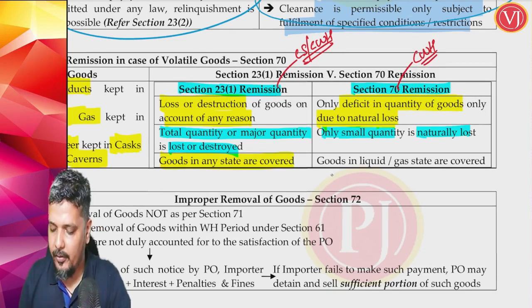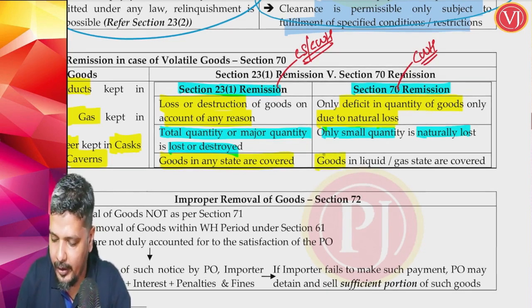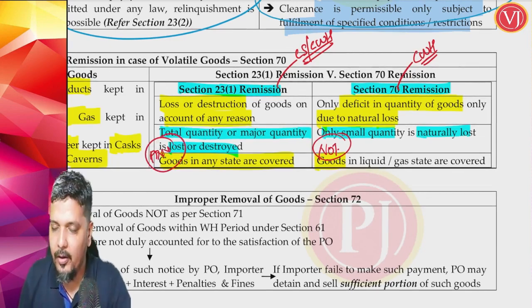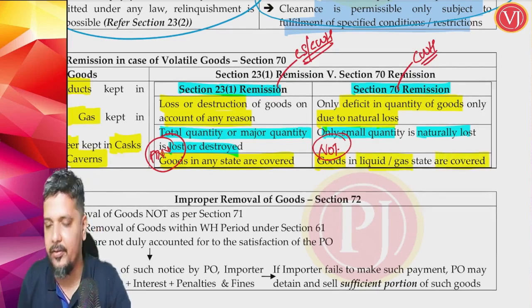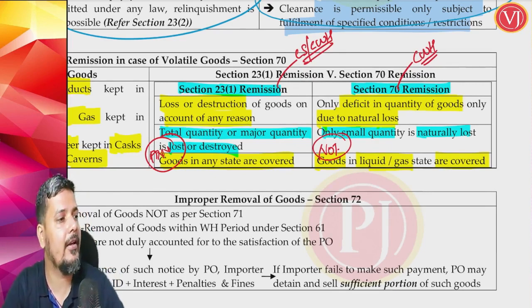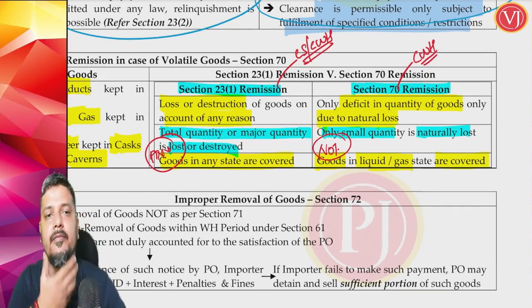Here, only notified goods, not any goods rather, that too only in liquid state or gaseous state are covered.